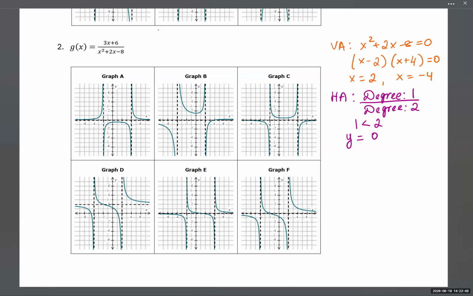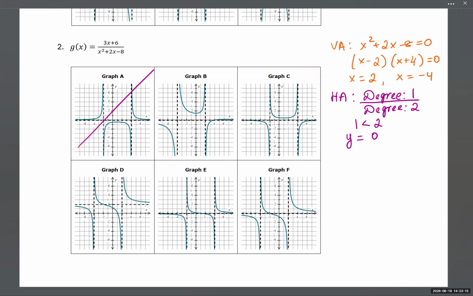Let's go ahead and narrow down our possibilities. So the first graph, A, has the vertical asymptotes at -2 and at 4, but we need them to be at +2 and -4, so it does not work. Graph B has the correct vertical and horizontal asymptotes.